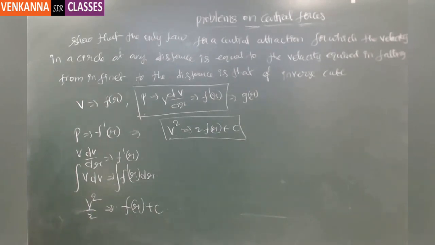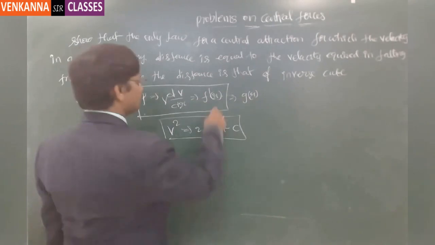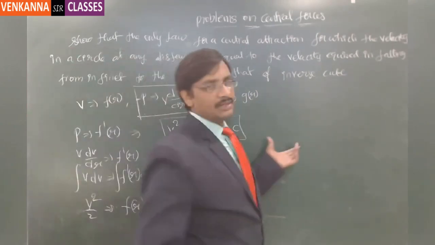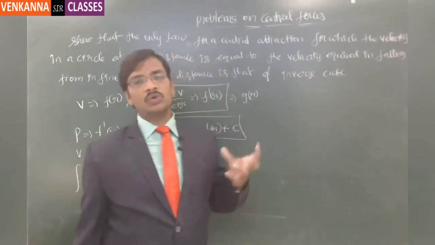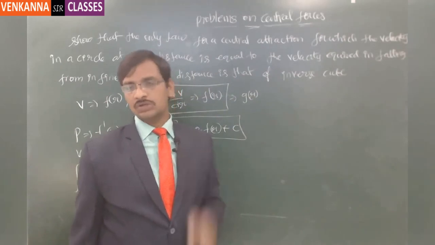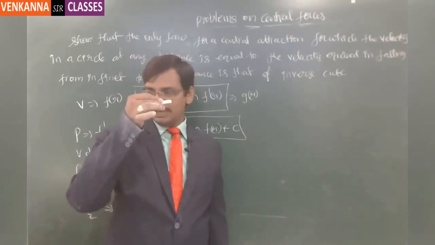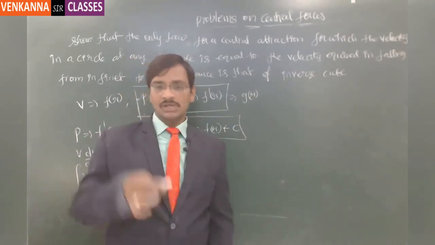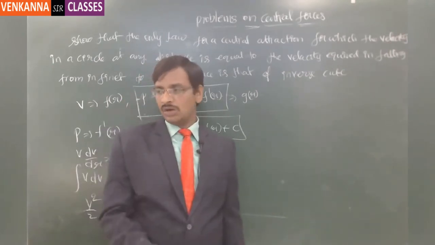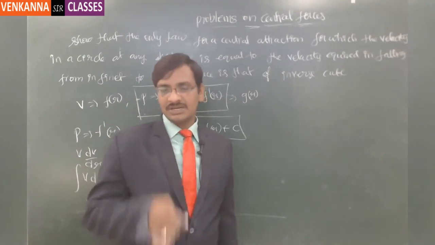Yes, this is correct. Now you need to treat this as negative, because he stated that when the particle is falling from infinity, at infinity the velocity is going to be 0. Suppose I leave this chalk piece like this, and the central acceleration is dragging downwards, which is the decreasing direction of r.